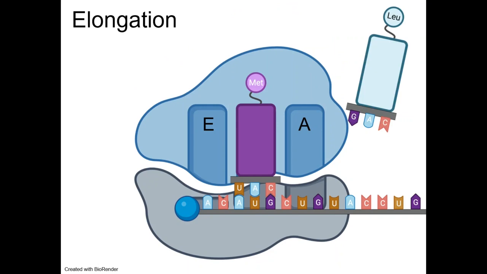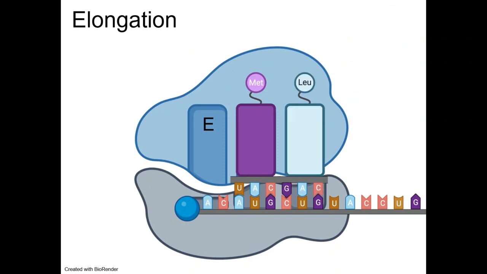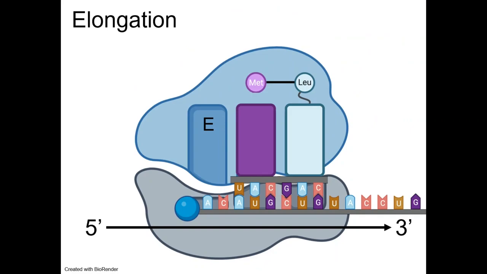Now the next tRNA with the corresponding anti-codon will enter the A binding site. A peptide bond will form between the two amino acids, and the leading amino acid will disconnect from the tRNA. The mRNA will be read from the 5' end to the 3' end. The ribosome will continue to read the mRNA.